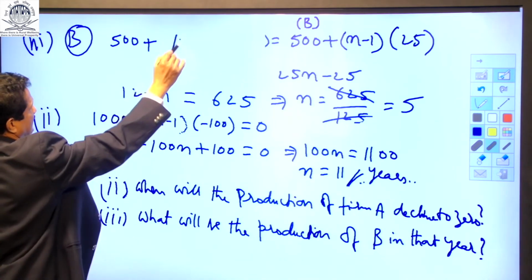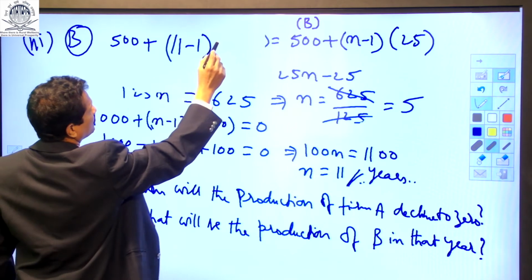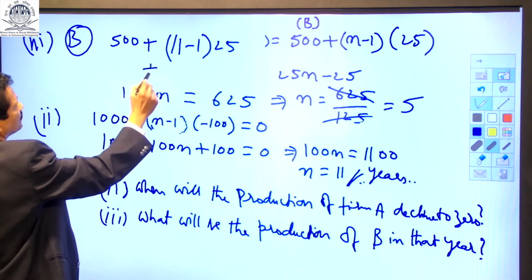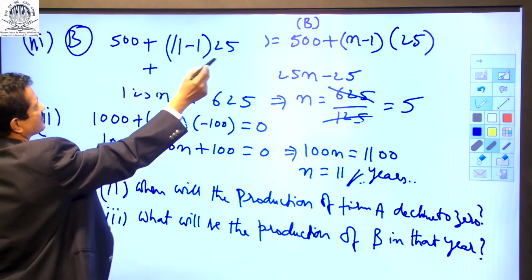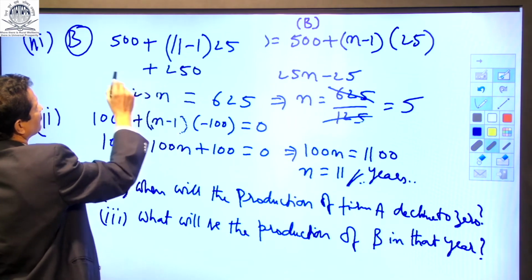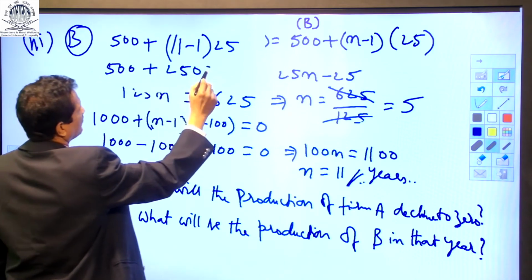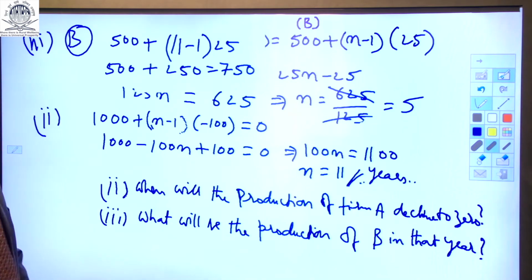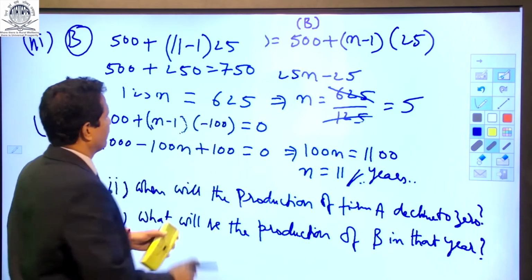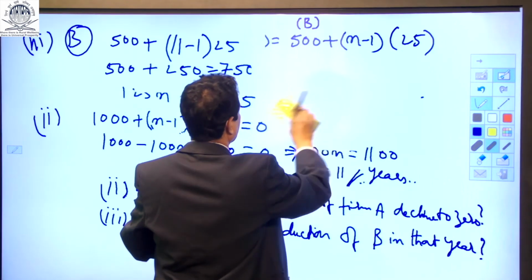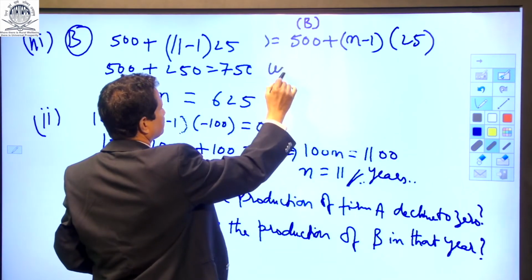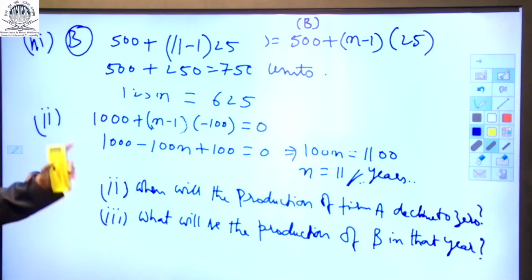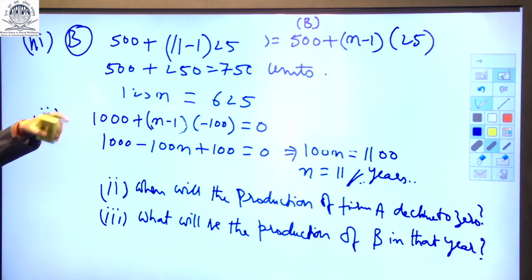So, this is (11 minus 1) into 25. 11 minus 1 is 10, into 25 gives me 250, plus 500, this is 750 units. The production is always in units. So, in 11 years the firm B will yield 750 units.